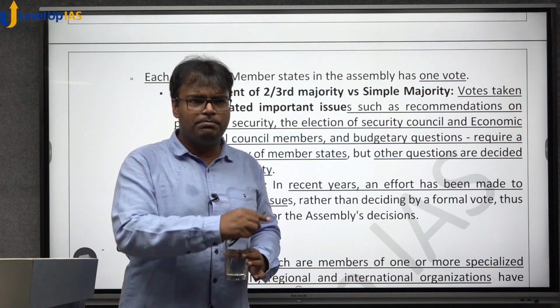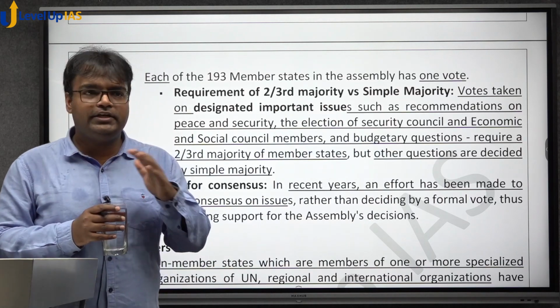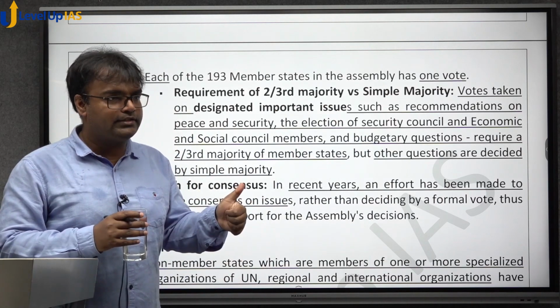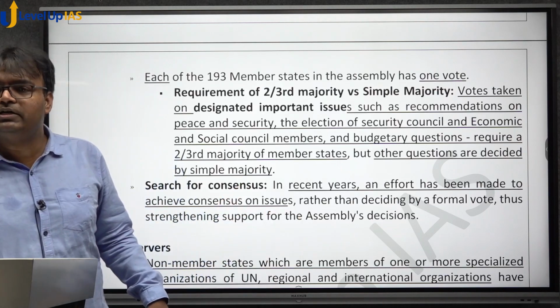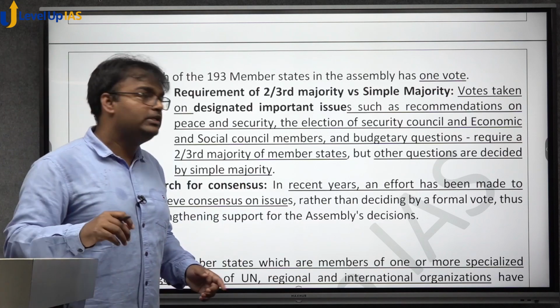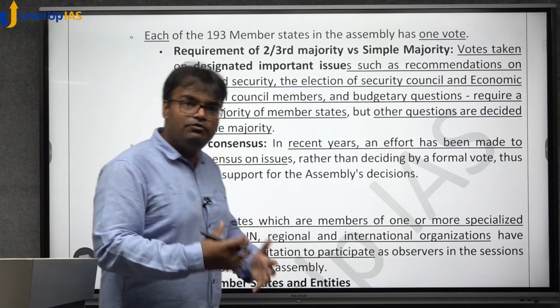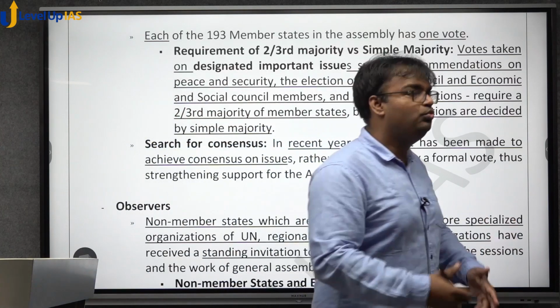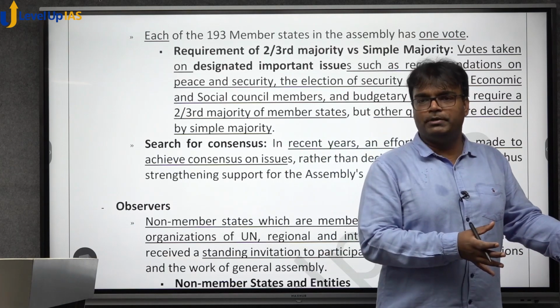One is the simple majority, the other is the 2/3 majority, where 129 out of 193 members should say yes for something. But in recent years, the United Nations General Assembly has tried to search for consensus: let's convince everyone to get something passed rather than just searching for majority.